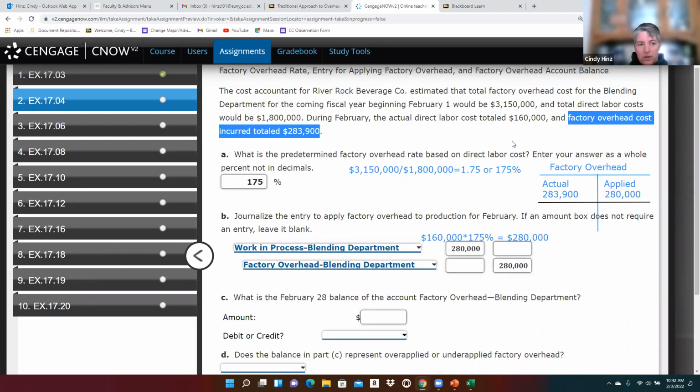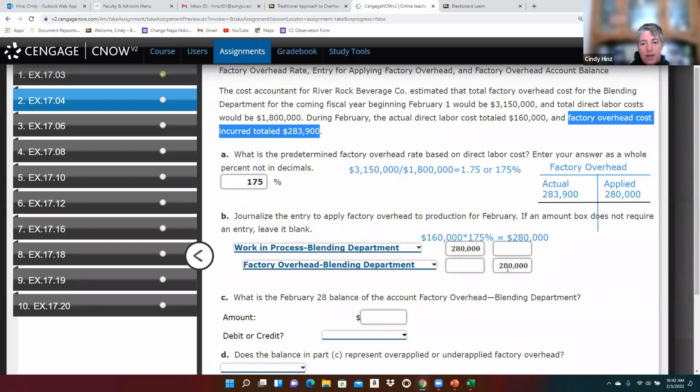I apologize, we're a little bit over time here, but the only costs that are in that factory overhead account are the indirect costs. Part of the cost of making the product, but we can't trace them to a specific product easily, conveniently, economically. Direct labor costs are assigned directly to work in process.